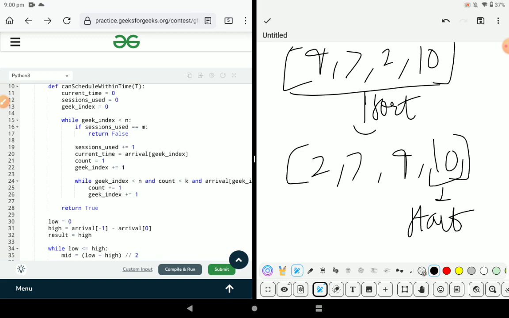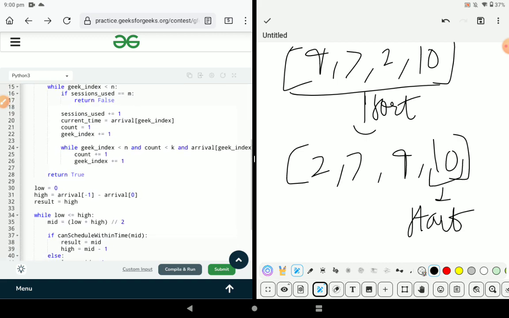After each session we will increment by 1. Then we store the current time from the arrival array and increment the geek index. The geek index means the total people coming for the interview.